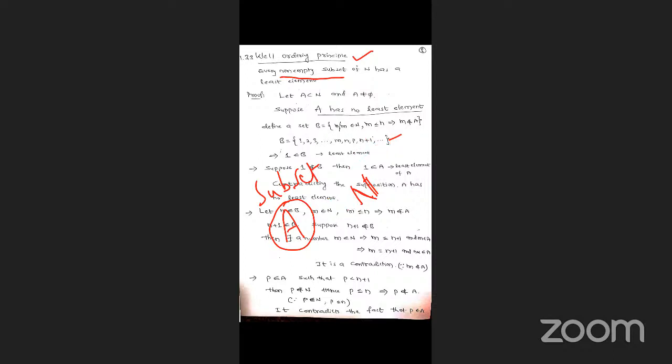Suppose we know N is equal to 1, 2, 3 and so on, infinity. And suppose A is equal to 2, 4, 5, 11. This A is a subset of N. Here 2 is the least element.